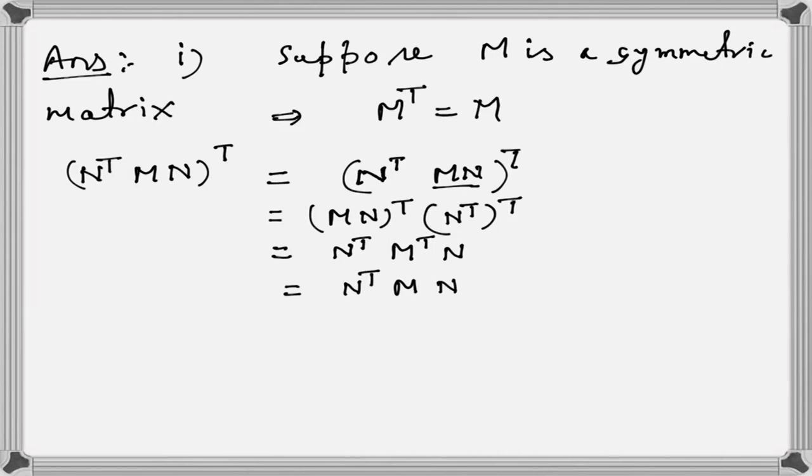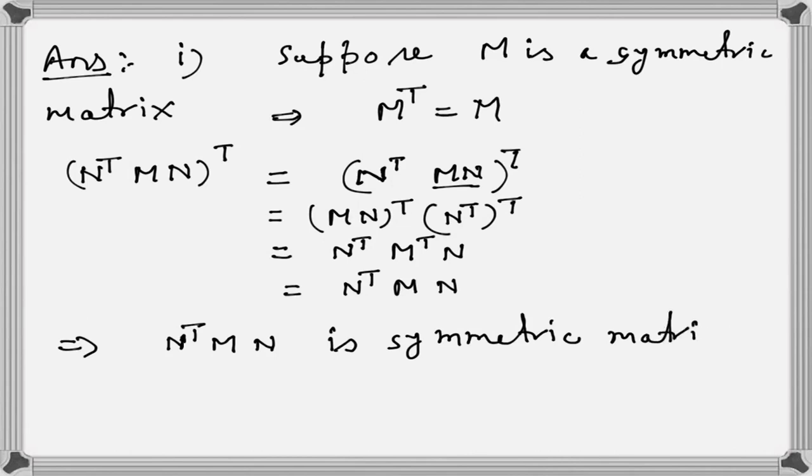We showed that N transpose M N transpose is nothing but N transpose M N. So this implies that N transpose M N is a symmetric matrix.